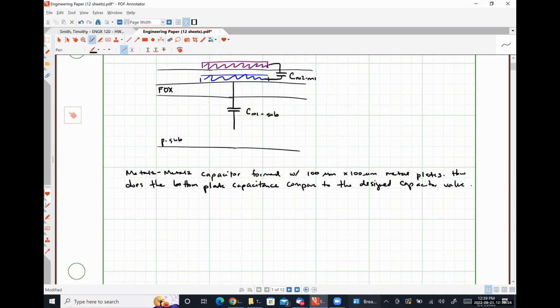And obviously we're going to be using our table here.